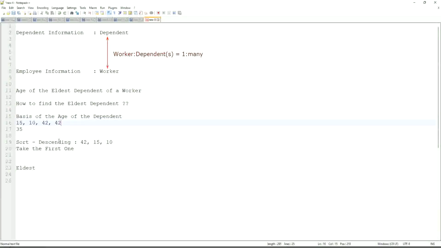Okay. But in this case, let's say you have more numbers like 42, 43, 75, 82, and so on. If one worker has so many dependents, with these as their ages, will our logic that we have defined be absolutely bulletproof?